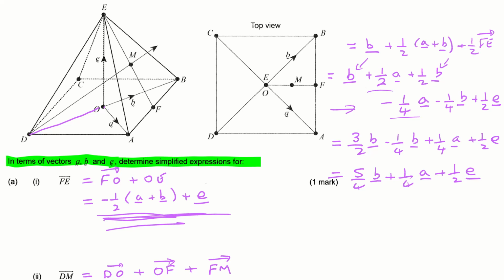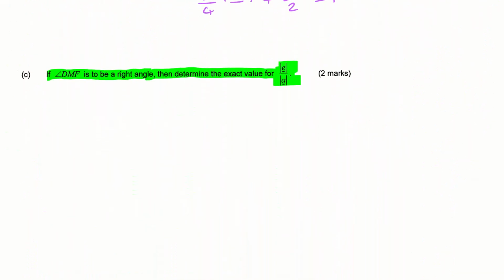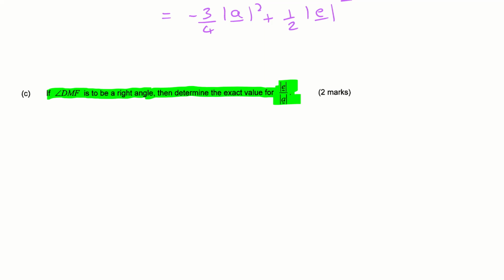So we've got DM here. We've got FM, that's in the direction of FE. And so if that's going to be a right angle, then the dot product would be 0.